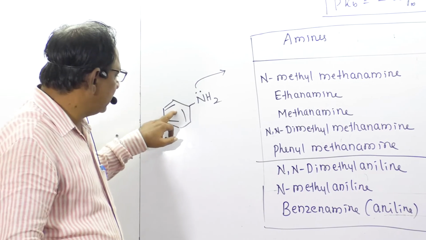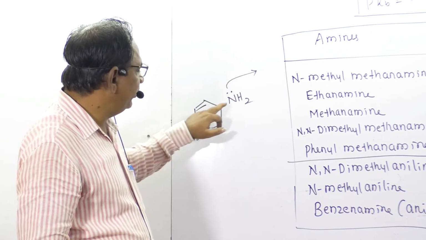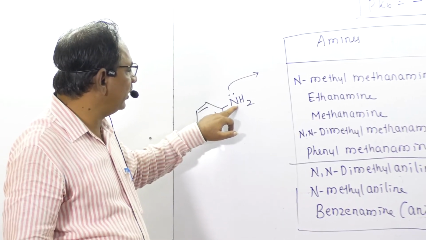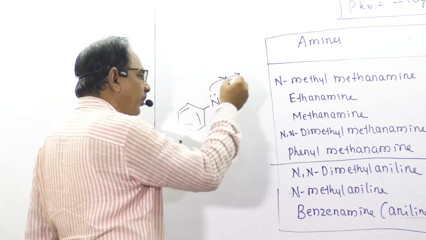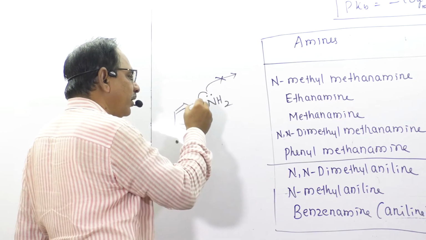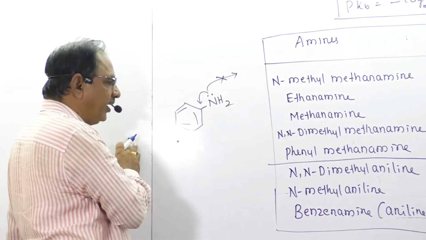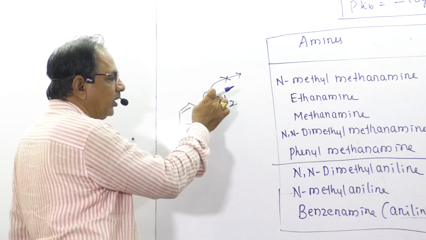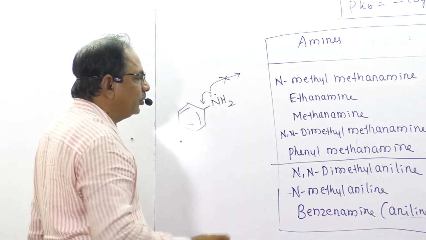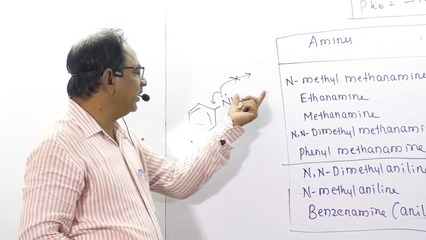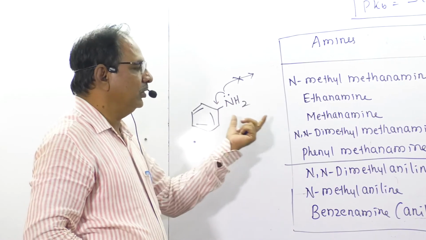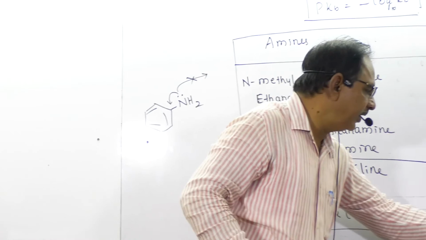But the benzene ring directly attached to the nitrogen atom, instead of donating the lone pair, the lone pair of electrons shifts towards the aromatic ring. Hence the donation of the lone pair towards other compounds decreases, so their basic character decreases.